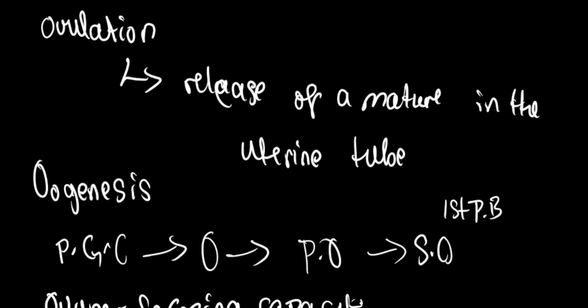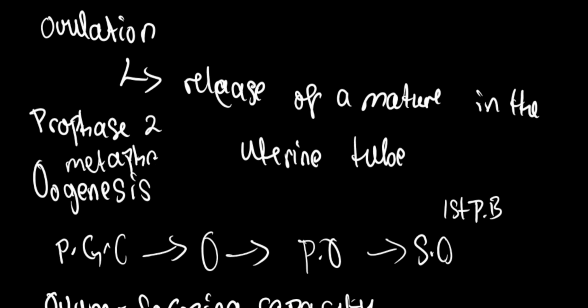This secondary oocyte, as we saw, would begin the second meiotic division and carry on with it. It would go through prophase 2 and metaphase 2, and it would stop at metaphase 2.